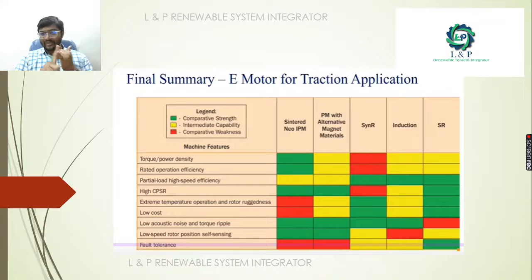The synchronous reluctance motor also has a very good efficiency. But when we look at low cost capabilities, the synchronous reluctance motor is very low cost, and the switched reluctance is also a low cost one. So cost wise switched reluctance is better, but efficiency wise, induction motor and switched reluctance are pretty good.